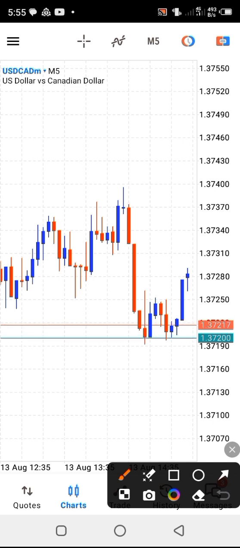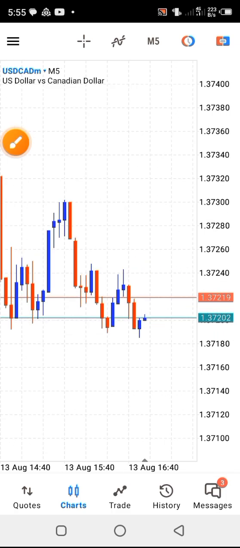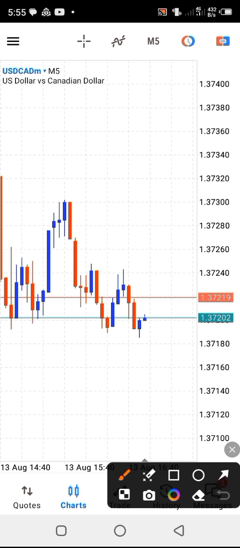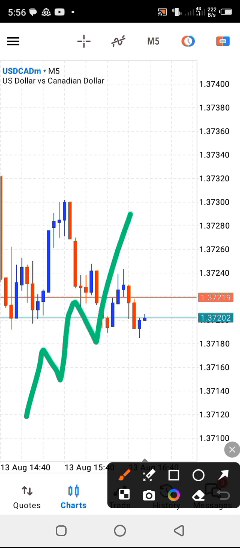Let's say for example price is moving in an uptrend fashion like this, creating higher highs and higher lows. At this level right here, you could have a bearish candle.